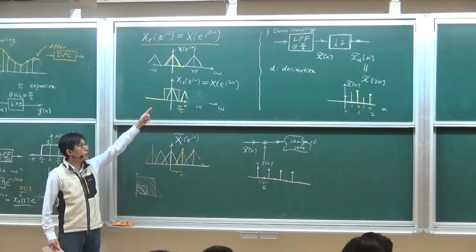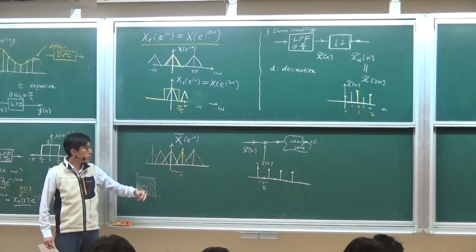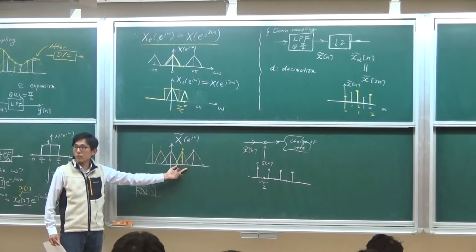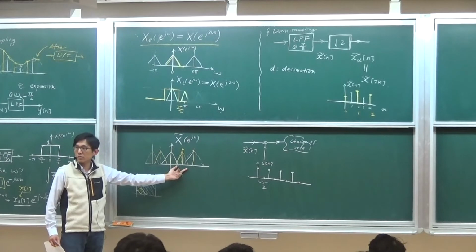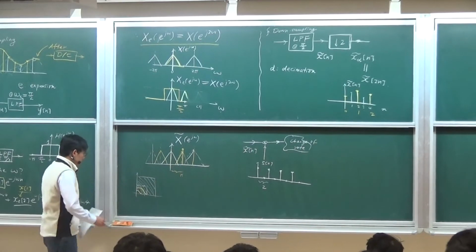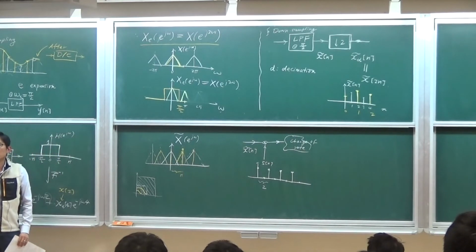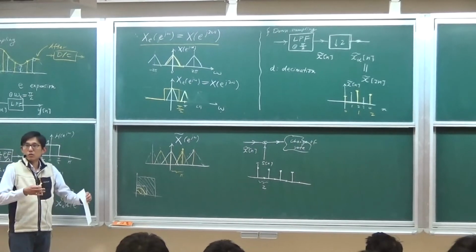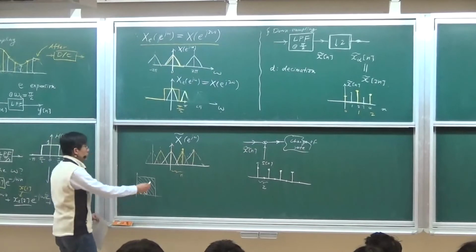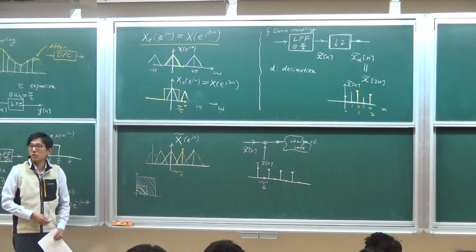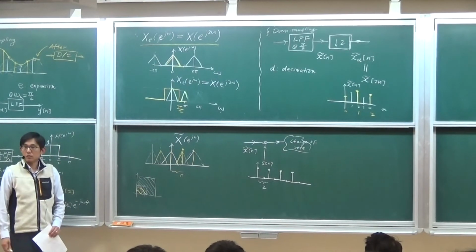So this is an example of downsampling by 2. We place one extra copy of our original spectrum at a frequency near the Nyquist frequency. In general, we would expect aliasing, unless we are so lucky that the original spectrum does not have any frequency component higher than pi over 2.